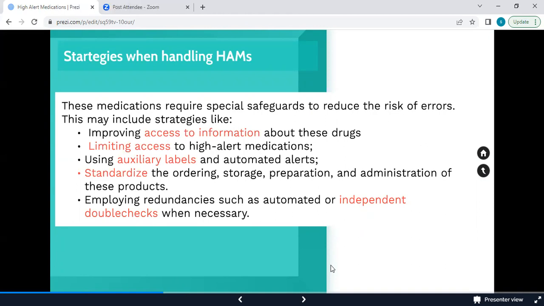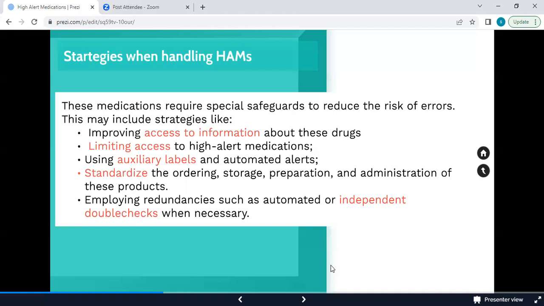For example, what are the medications which are to be included in the crash cart? The crash cart is the list of medications which are necessary when we are resuscitating a patient. For example, we need adrenaline, sodium bicarbonate, amiodarone, atropine. All of these are what we call emergency medications.